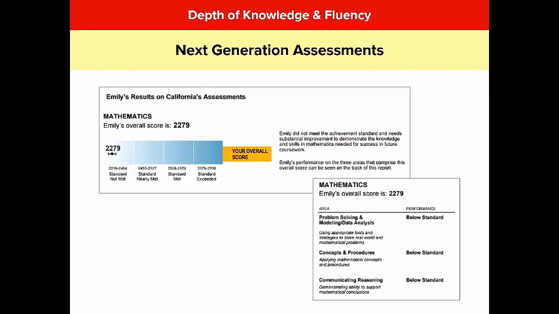Performance breakdown includes not just concepts and procedures, but also problem solving, modeling and data analysis, and communicating reasoning. So this is something that's pretty different from math tests that were graded in my math class growing up, where I got from the teacher 80%, 85%. Methods of assessing students are different today.